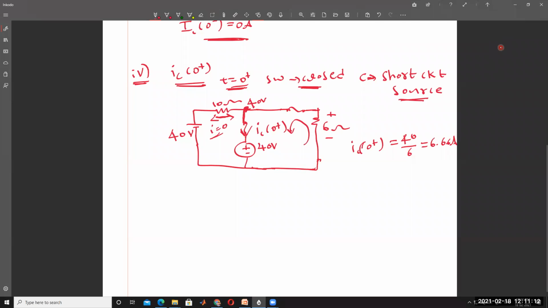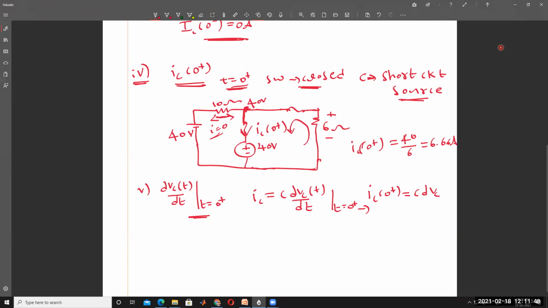Then the fifth one, dVc(t)/dt at t is equal to 0 plus. You know, the current flowing through the capacitor IC is equal to C into dVc/dt at t is equal to 0 plus. So IC of 0 plus is equal to C into dVc of 0 plus by dt.